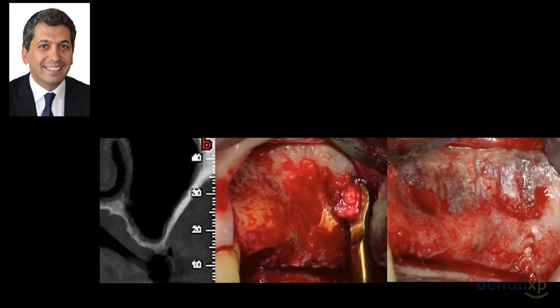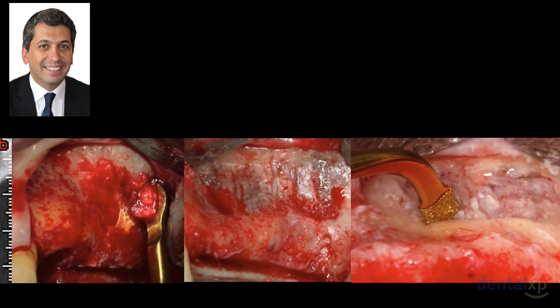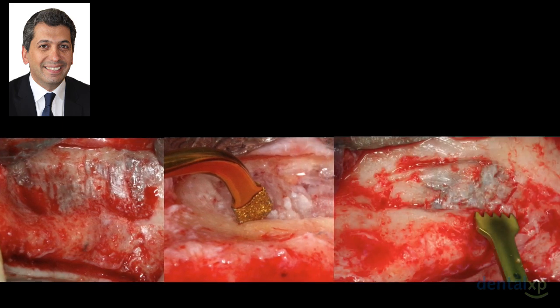You can see here, following bone scraping, we have a more or less thinner buccal bone left, and now it's easier for us to use a diamond insert on a piezosurgery device in order to cut this bony window. We don't have to cut in a thick bone anymore, you cut it in a thin bone. It's a very safe procedure.